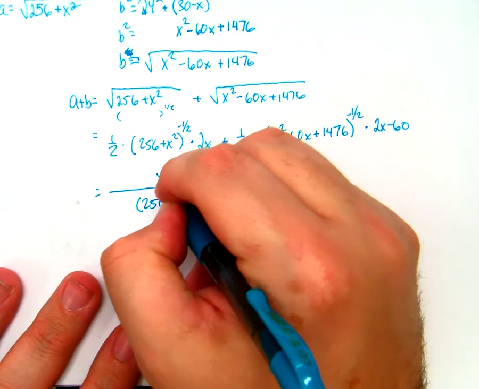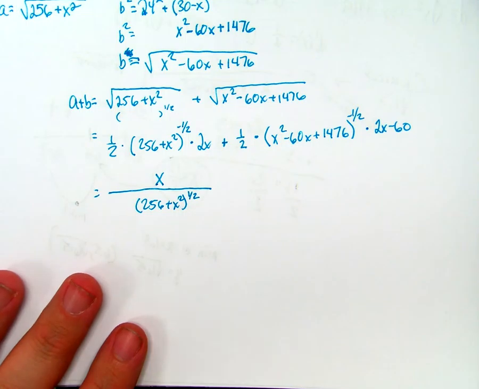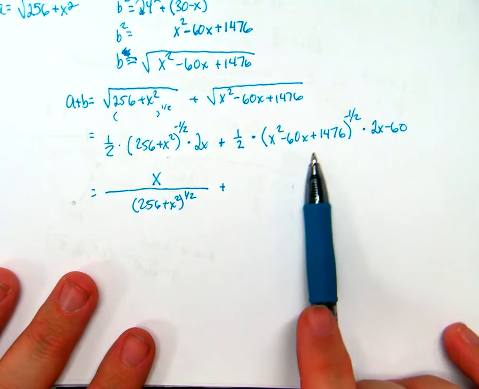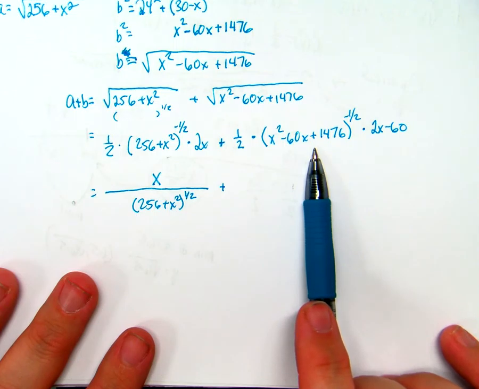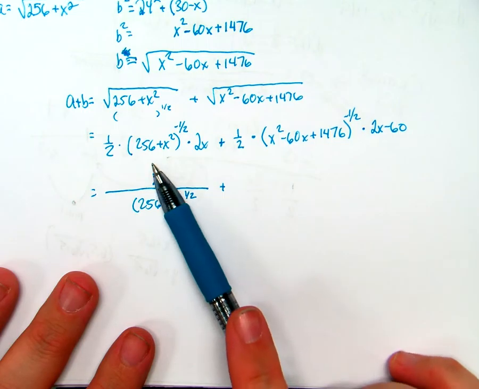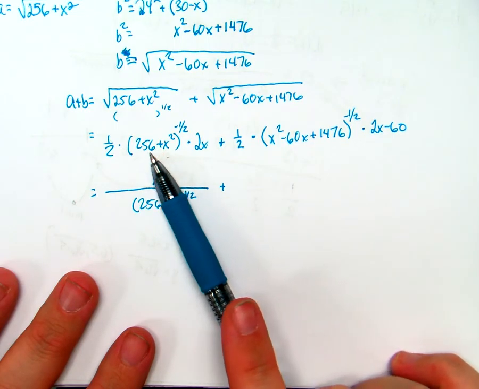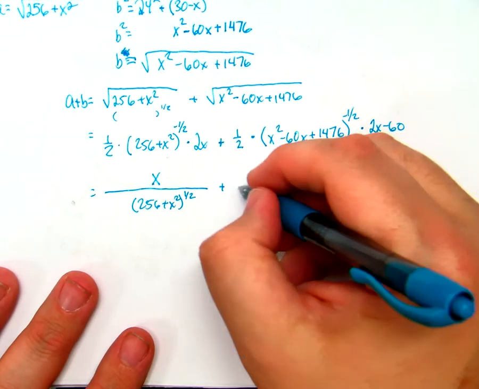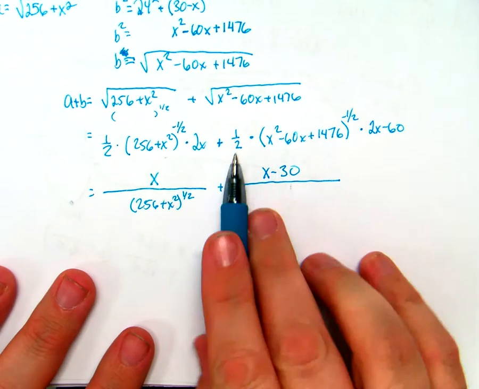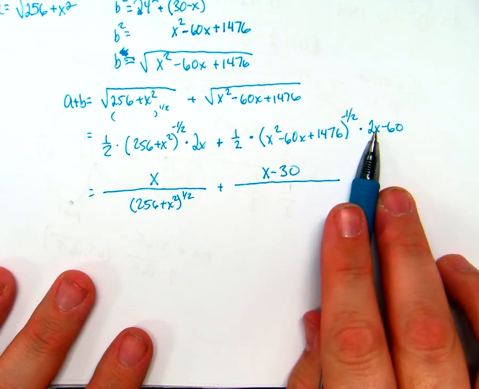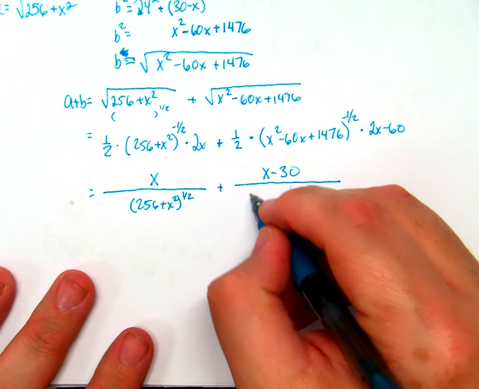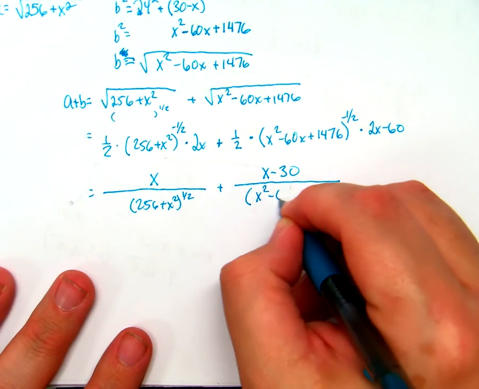Just x. Plus, can this be factored? I'll get x minus 30 up top because I get 1/2 times 2x minus 60, so half of 2x is x, half of 60 is 30. And then I'll get x squared minus 60x plus 1476 to the 1/2.